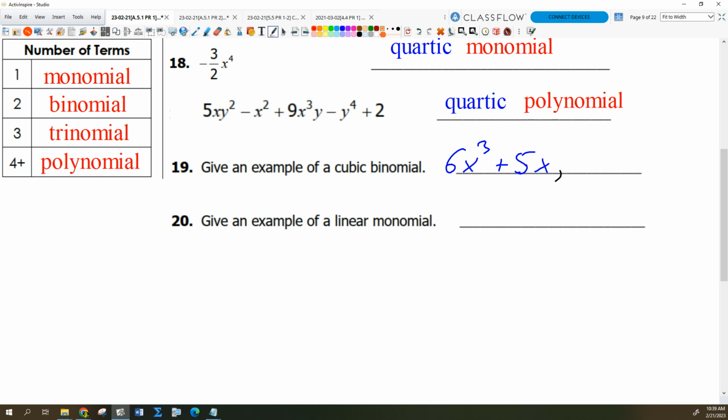A cubic one? Yeah. All right. 7x squared. Or sorry, 7x cubed. Yeah, plus 2. That's a 3, by the way. There we go. Okay, good. How about a linear monomial? Perry, give me an example of a linear monomial. 6x? Yeah, that works.